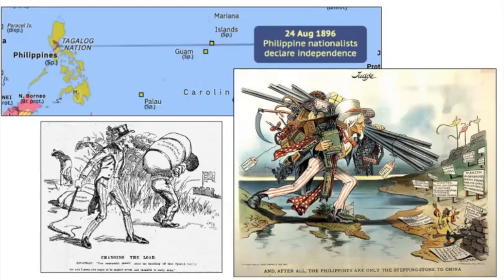Spain agreed to surrender, but only to the US, not to the Filipino nationalists. And while there was pushback from parts of the American populace and huge pushback from the Filipinos, the US government decided that Filipinos would be incapable, that's a quote, incapable of governing themselves. And the US held onto the Philippines.